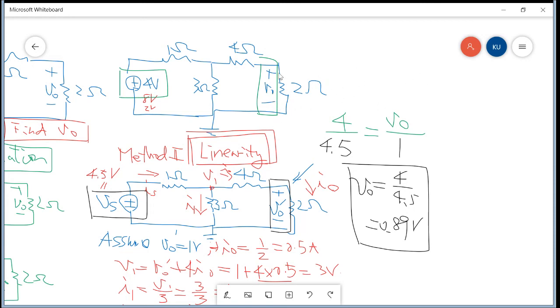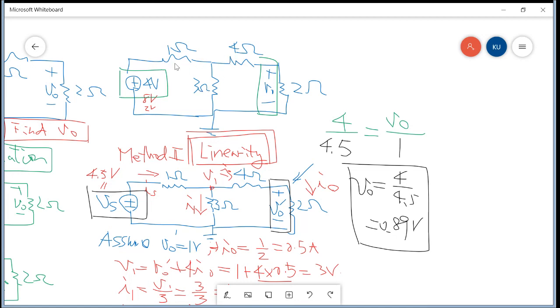As long as we know the voltage or the current of the last circuit element, then we can go back easily, because as long as we know the voltage here, we can calculate the current here, and then as we know the current going here, we can know the voltage difference, so that we can know the node voltage here, and then we can know the current here, and then we also know the current here, so that we can know the current through this resistor by adding these two currents.